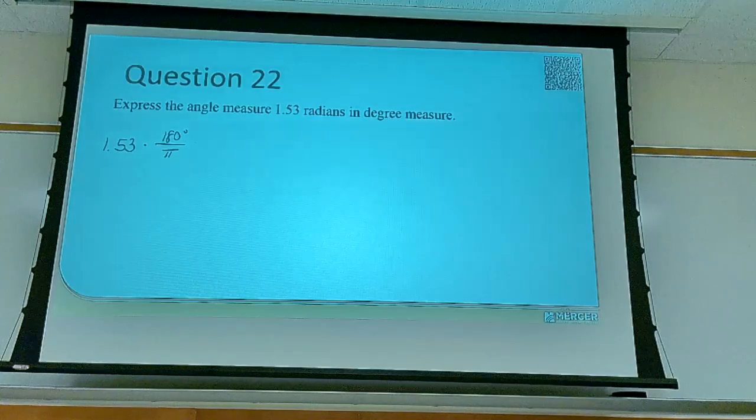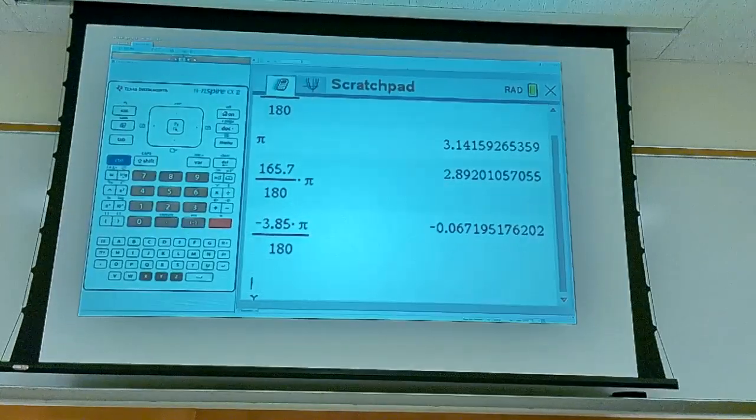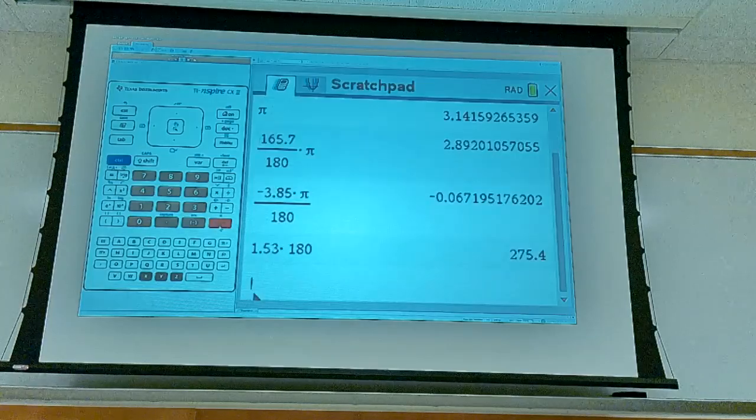Not equals, I'm going to do approximation. Again, there are two ways you could represent this. If you want to keep it in terms of pi, I'll do that one first. That would be 275. How many sig figs do we want? 3.